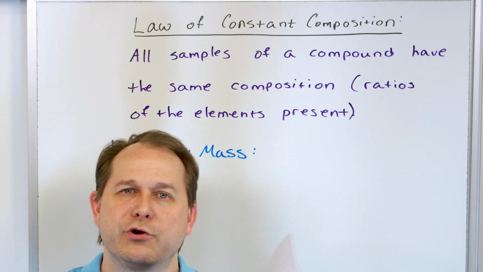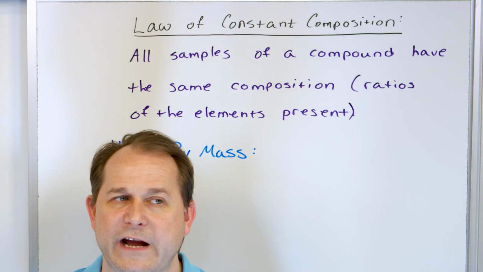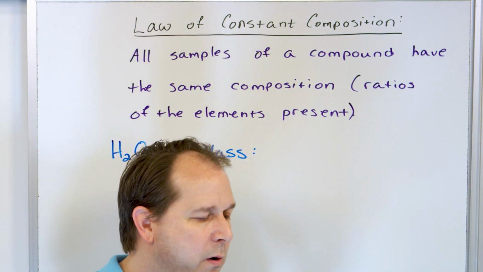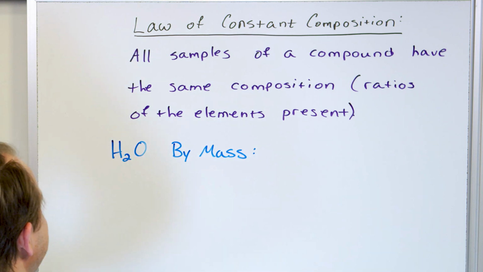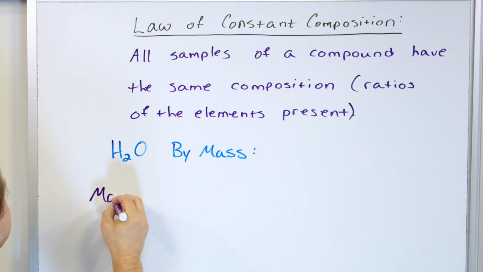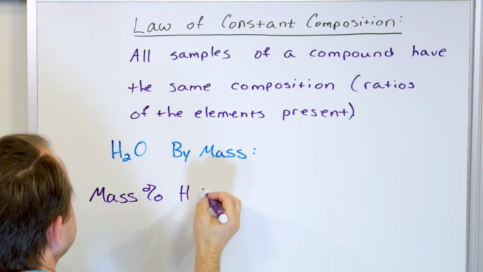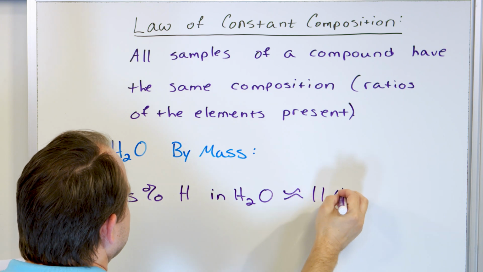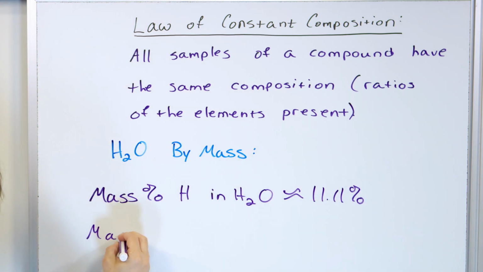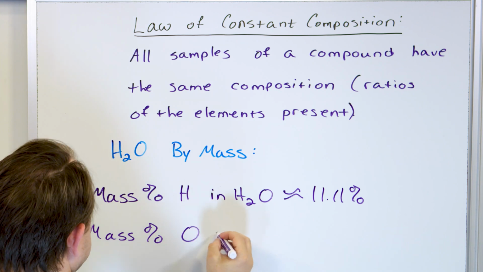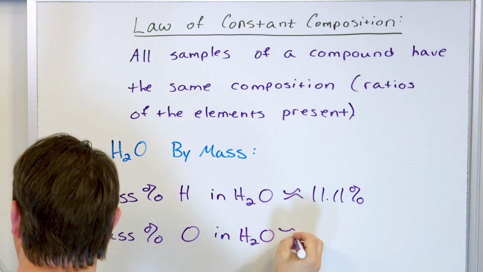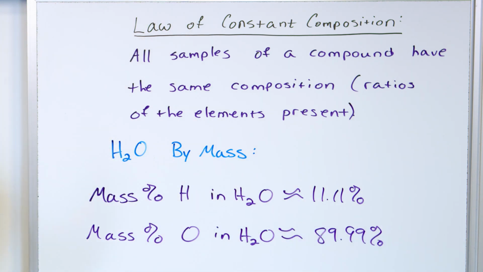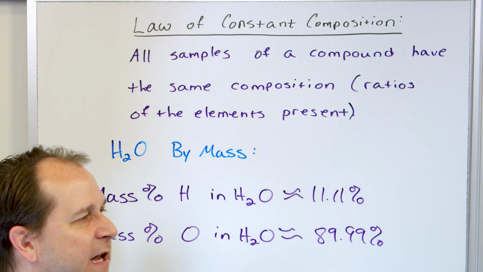But if you're careful and you collect the oxygen and the hydrogen, and suppose that that's coming from the water in the liquid form, then what we find when we do that experiment and collect everything and measure its mass is that the mass percent of hydrogen in water is approximately 11.11%, and the mass percent of oxygen in water is approximately equal to 89.99%.